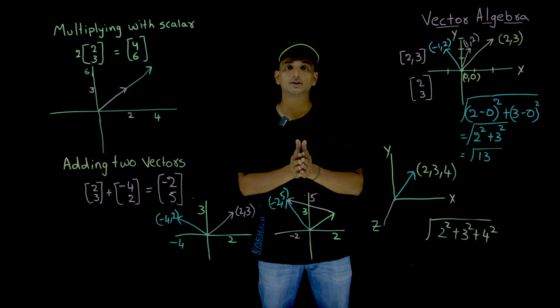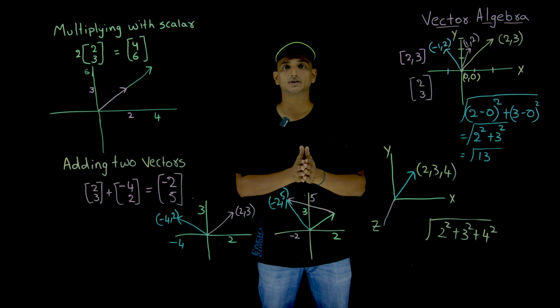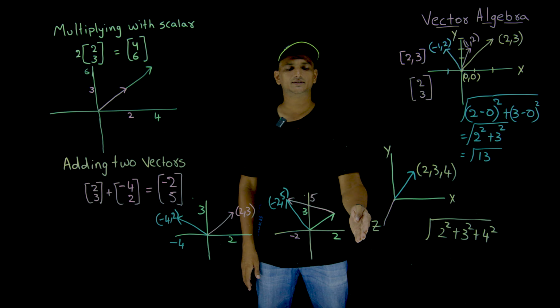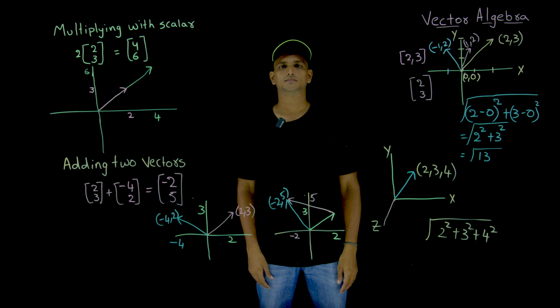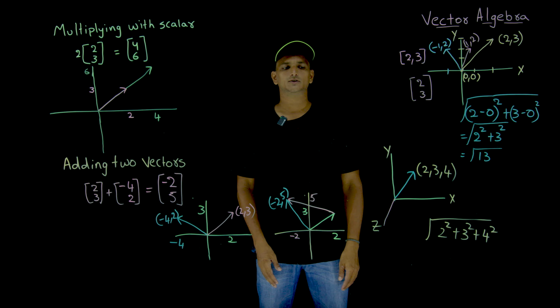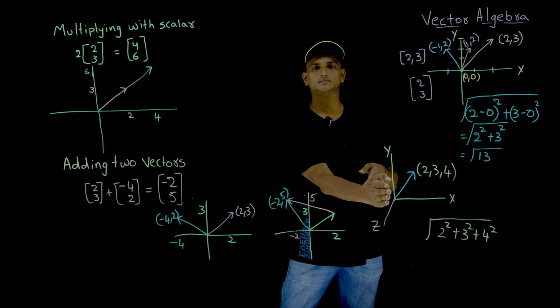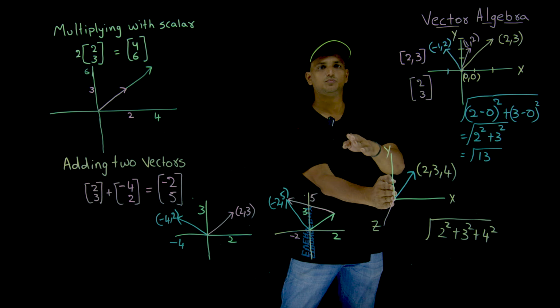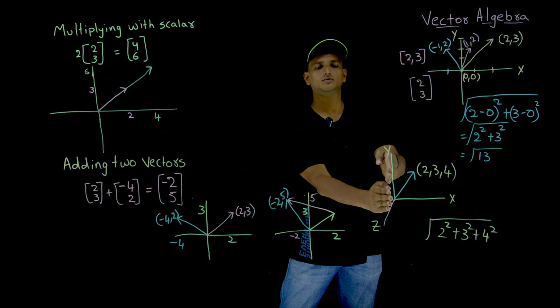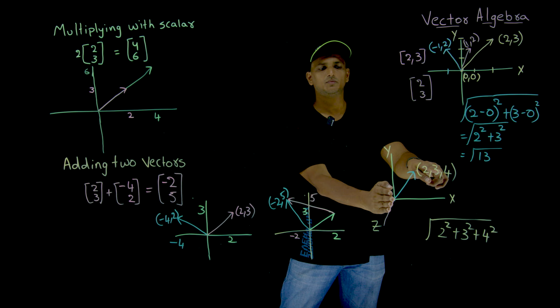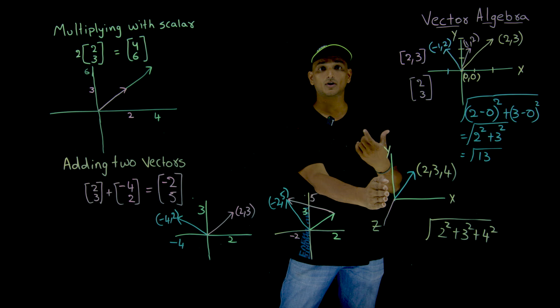Similarly, a vector in a three-dimensional space can be represented like this. See, the x-axis, y-axis and z-axis. For better understanding, the z-axis will be like this. This board is a plane with the x-axis and y-axis, and this is the z-axis. So (2, 3, 4) is a vector in a three-dimensional space.